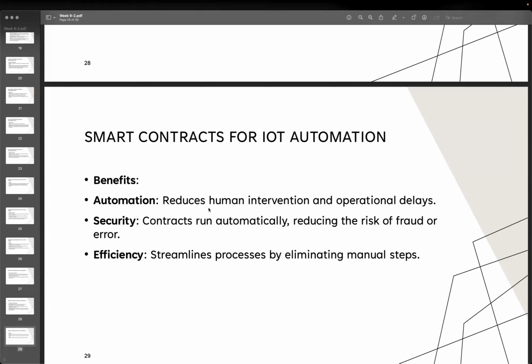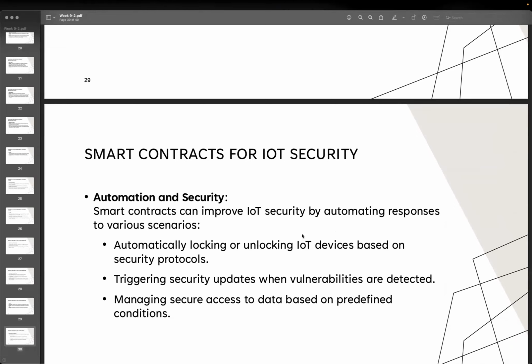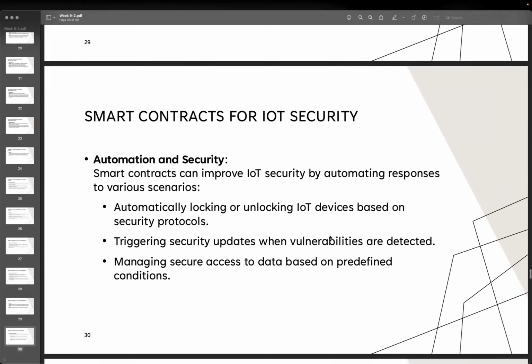And since we don't have to involve humans, it brings better efficiency because of the streamlined process. It eliminates manual steps, so once the conditions are met, the contract is executed directly. And we can improve IoT security by automating responses to various scenarios, maybe automatically locking or unlocking the IoT devices and smart things based on security protocols.